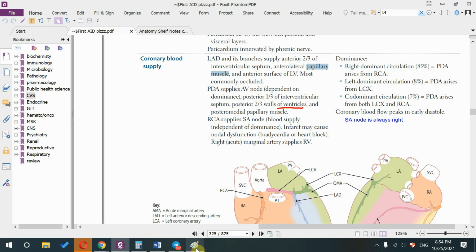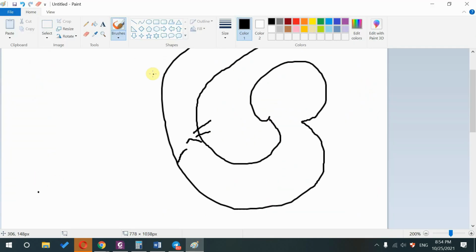So if we take a look at the left ventricle only, I'm drawing now only the left ventricle, guys. This is the left ventricle, and in blue, the right ventricle. If we speak about the LAD, let me make it in green. They said it supplies this area, the anterior 2/3 of the interventricular septum.